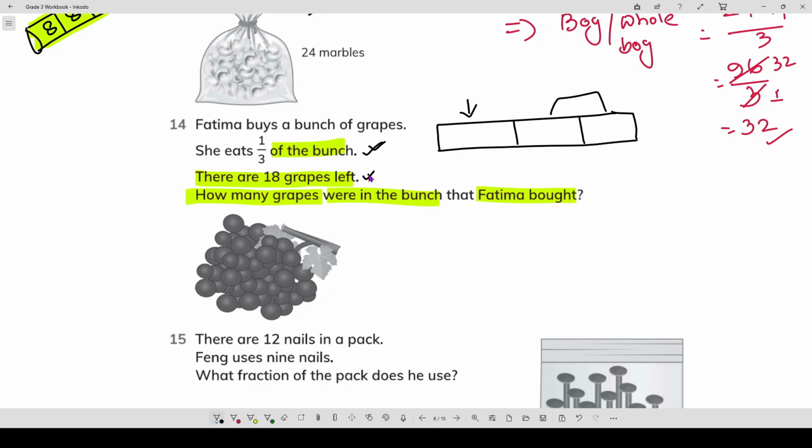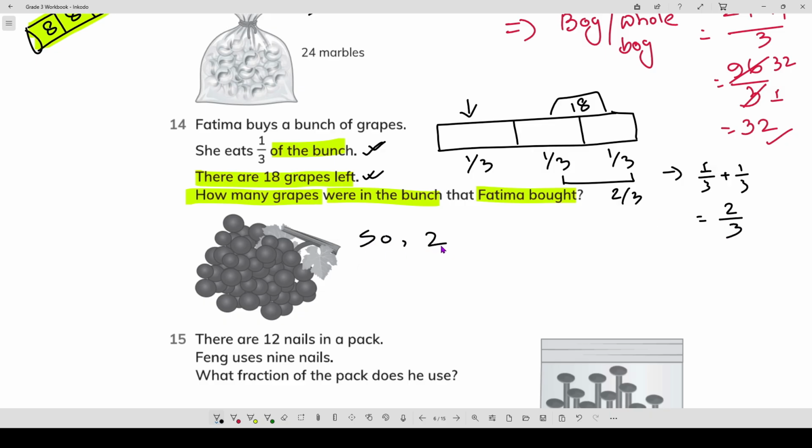How many? 18. It means this is 2/3. Okay. How? We can say this one is 1/3, 1/3, and 1/3. So it means 2/3, right? Because we know 1/3 plus 1/3 equals 2/3.